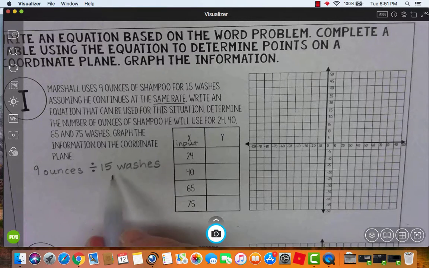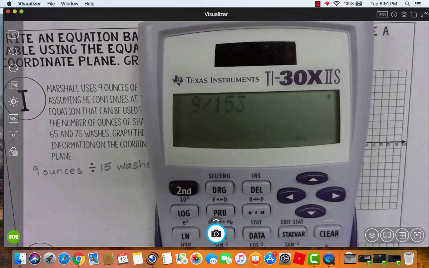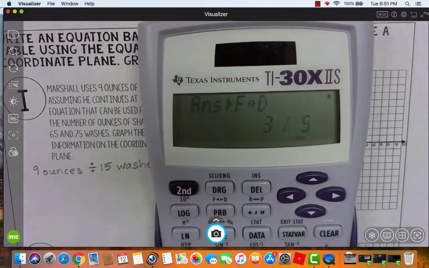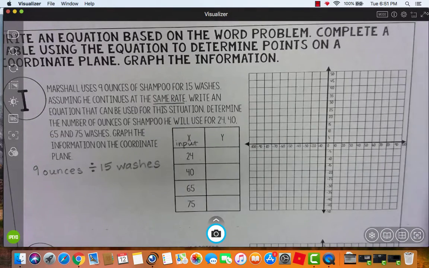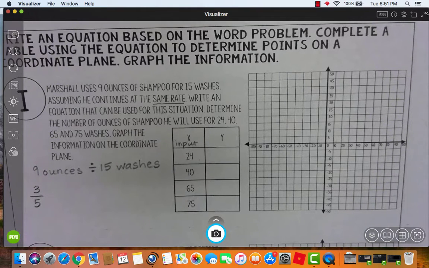So I'm going to do 9 divided by 15, and I'm going to use my handy-dandy calculator. So 0.6, or I want to put it in a fraction. I like fractions today, so we're going to go over here, second fraction decimal, 3/5. So he uses 3/5 of an ounce per wash, okay?